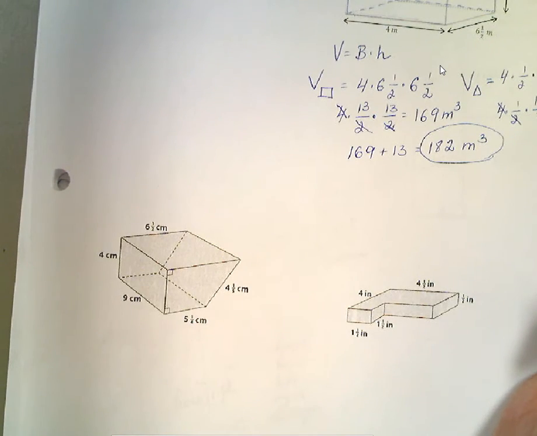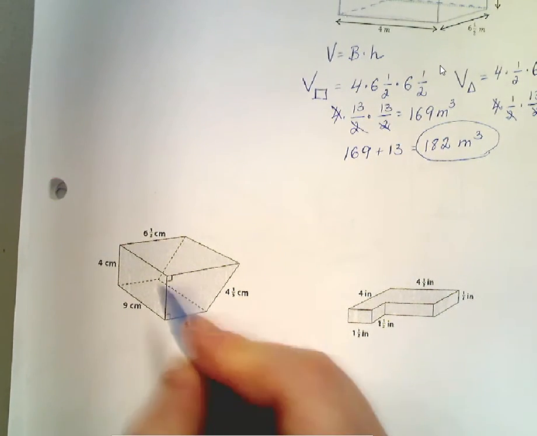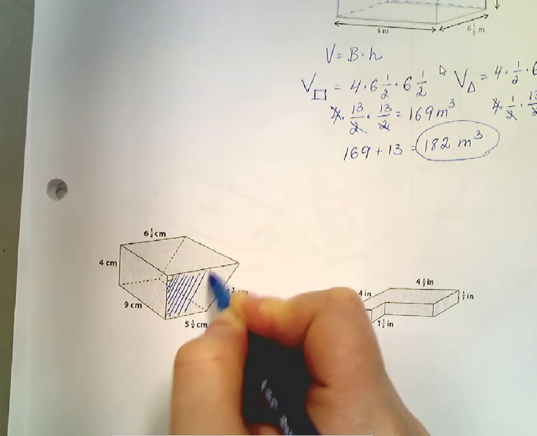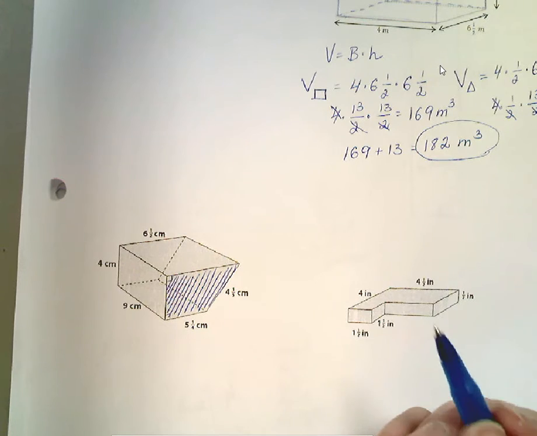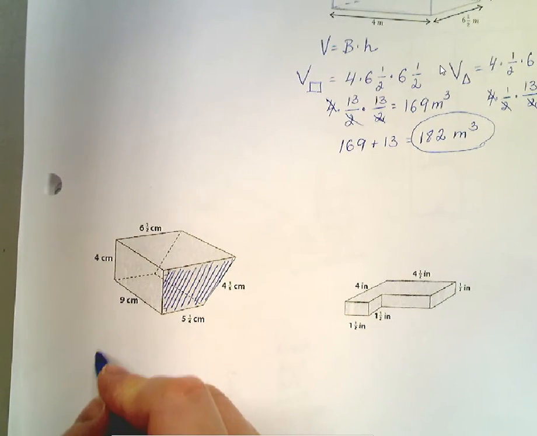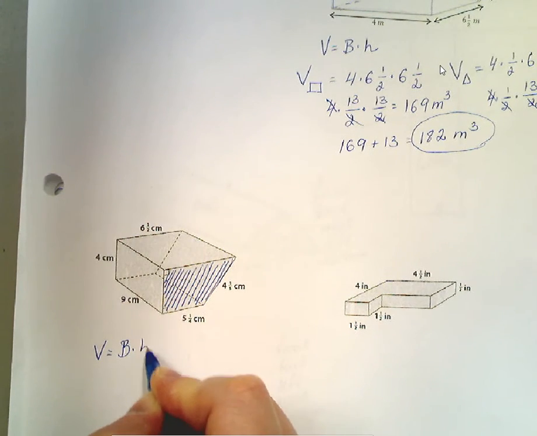Trapezoidal prism. A trapezoidal prism is only different in that the bases are trapezoids, not triangles and not rectangles. The trapezoidal prism is called trapezoidal prism because we have bases that are trapezoids. And to find the volume of this, we're going to multiply the area of the base times the height.